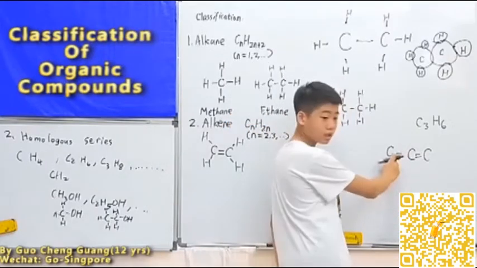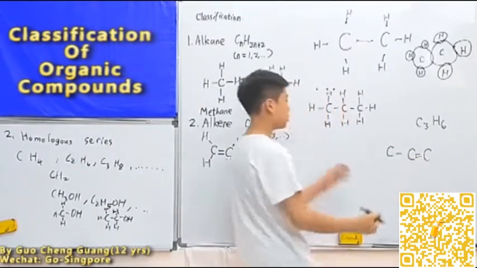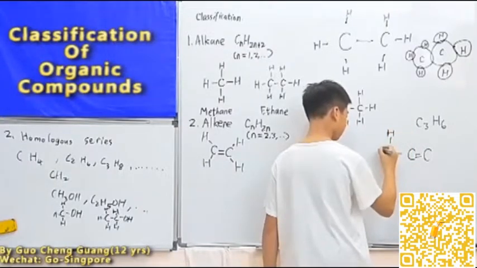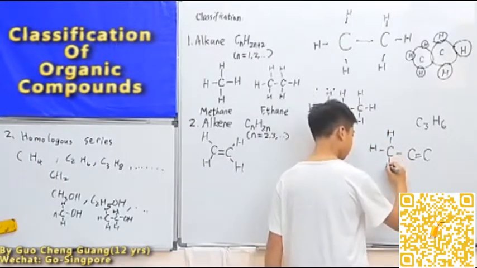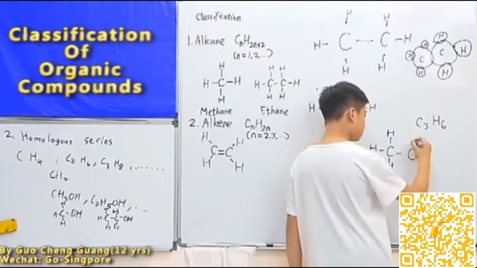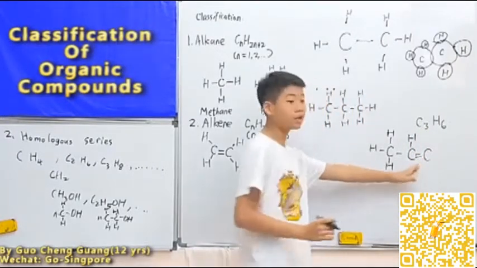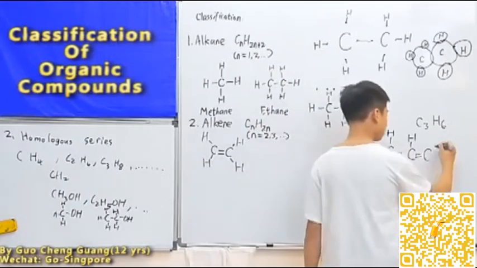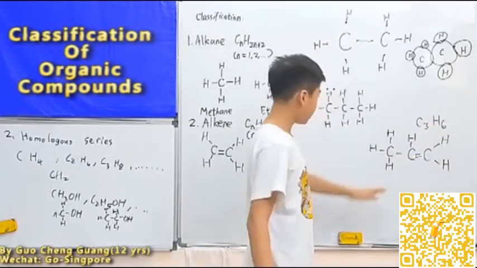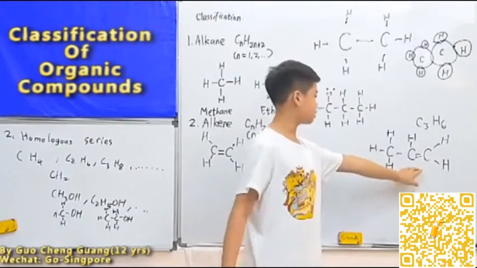This carbon over here already has one of these bonds here. So that means we need 3 more. Then in the middle, they have 3, so it only needs 1 more. Then this one at the end, you have already made 2 of these bonds, so we need 2 more hydrogen. Let's check whether this has 6 hydrogen. So you have 1, 2, 3, 4, 5, 6. Yes, so this is right.